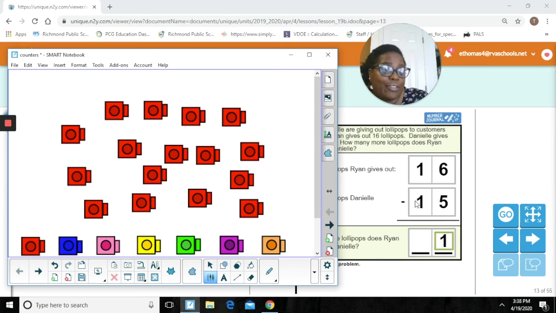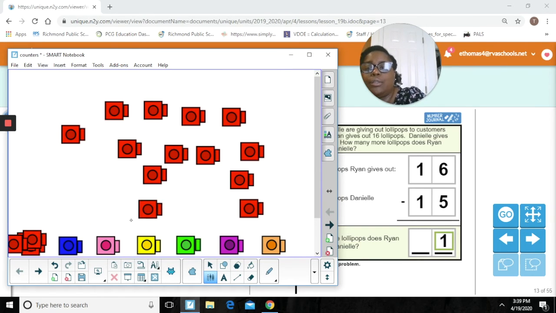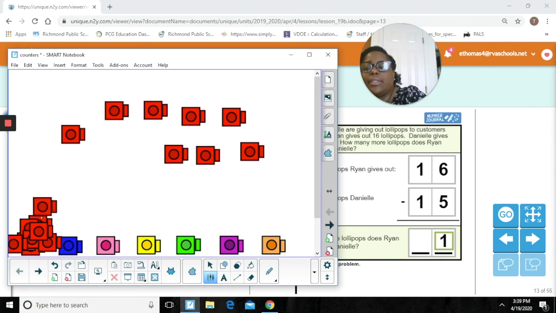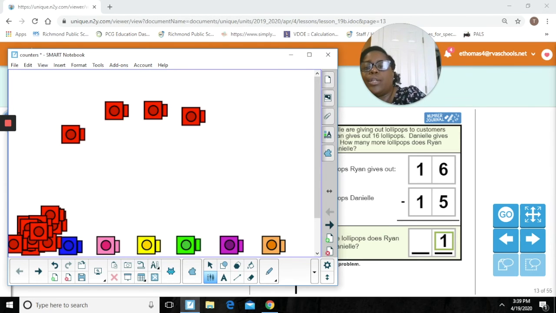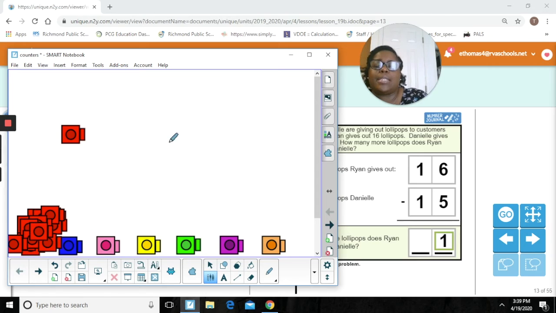So let's take away 15 counters, okay? 1, 2, 3, 4, 5, 6, 7, 8, 9, 10, 11, 12, 13, 14, 15. How many is left? 1. And we came up with the same answer.